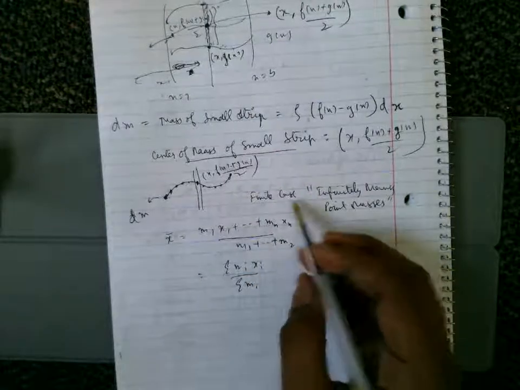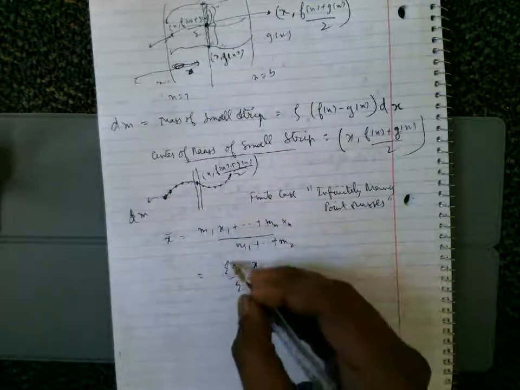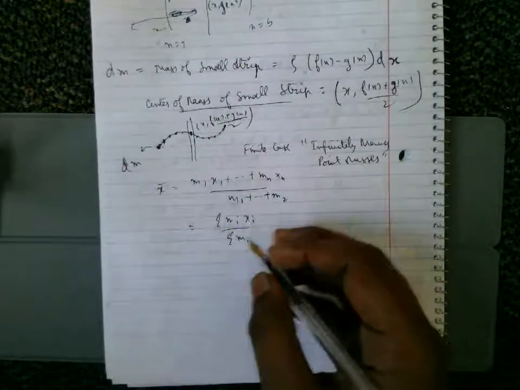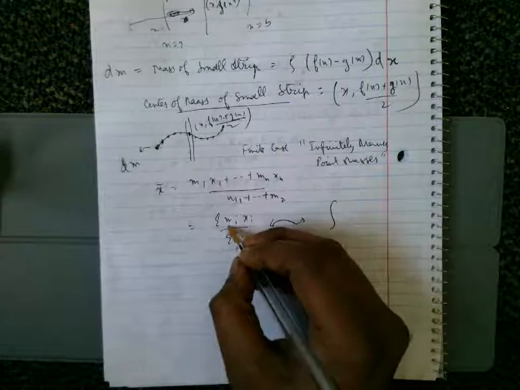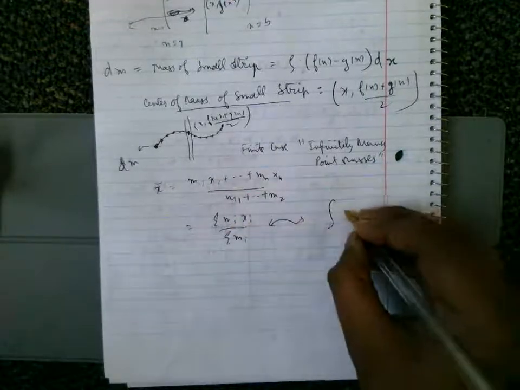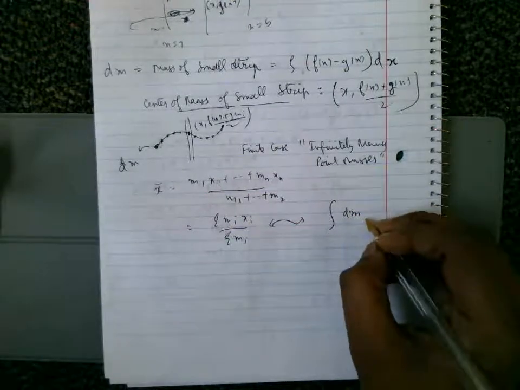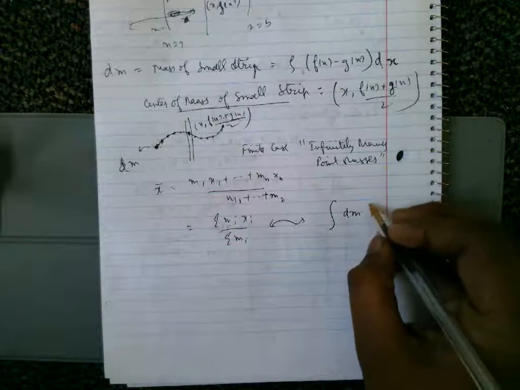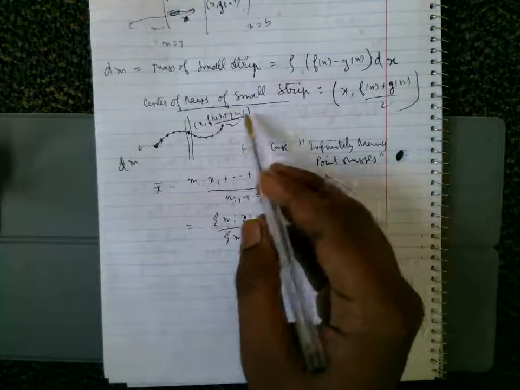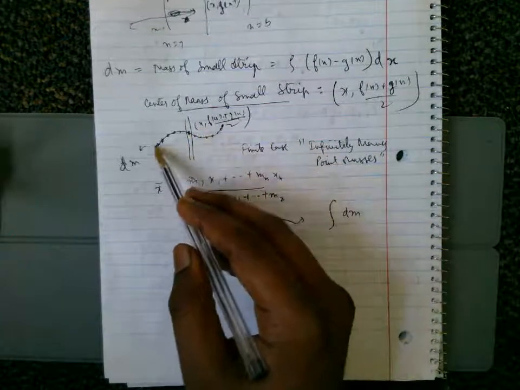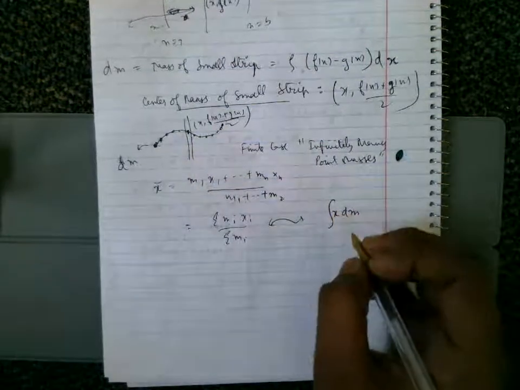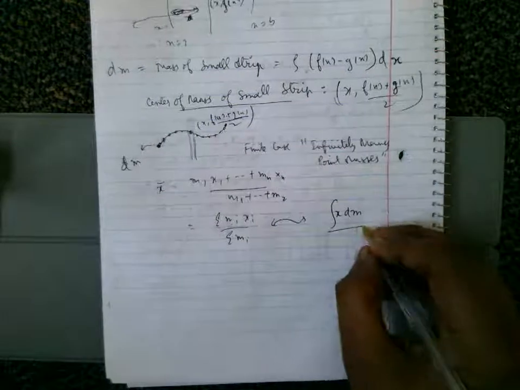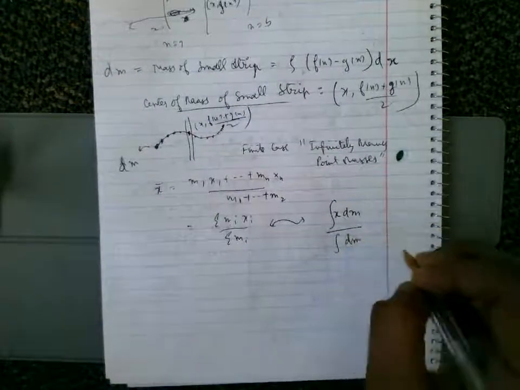When we are dealing with the infinite case, this summation can be interchanged with integration, and instead of mi we have very small masses dm, and instead of xi we want the x coordinate of these center of mass points, which is x, and here we have integration dm.